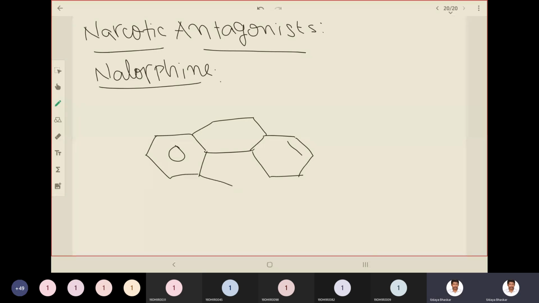You have an ether link between two rings, and you have one OH here and another OH here, at third and sixth positions. And the fifth ring is linking the tertiary nitrogen like this. Usually we saw a methyl group here in morphine, but to act as an antagonist, we are simply modifying morphine, just replacing the methyl group with an allyl group.